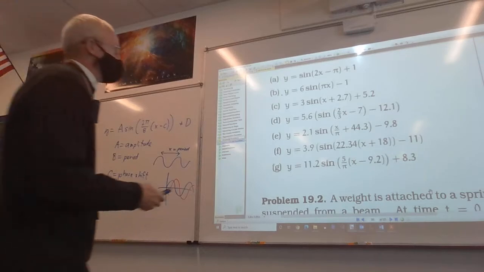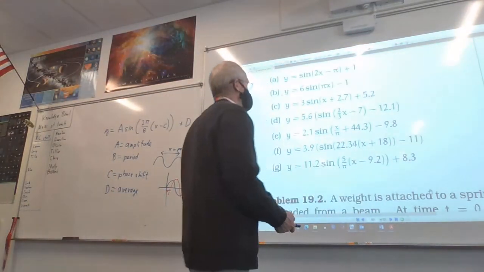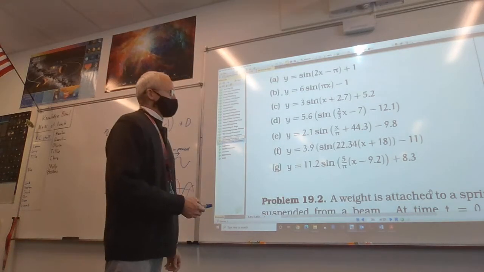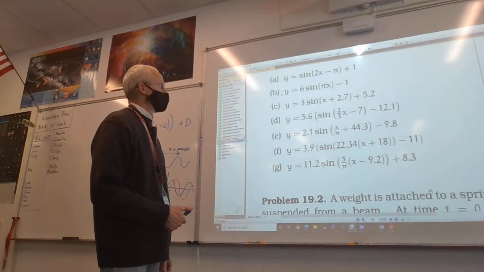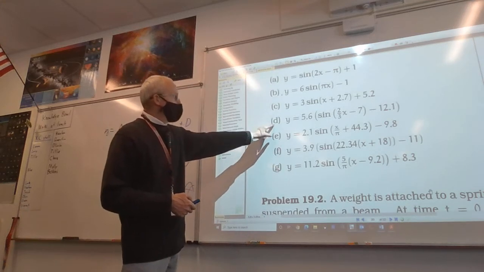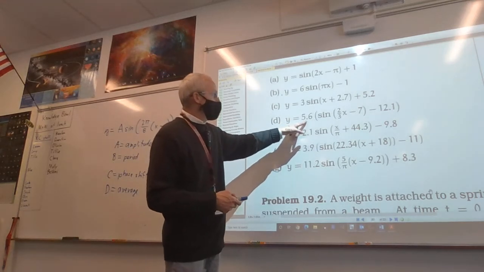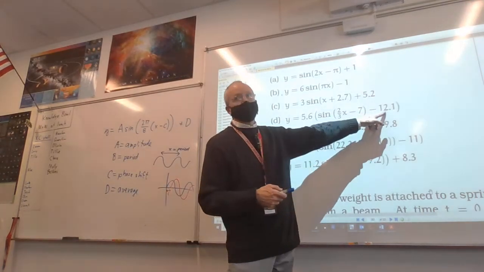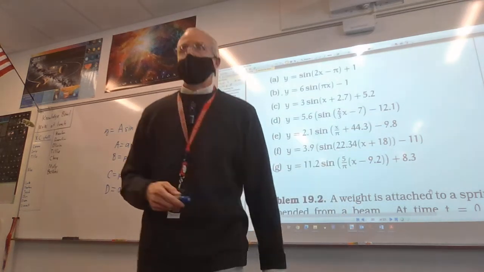So let's do a hard one. Okay, so now we don't have to do much for D. 5.6, that's good. But notice the 5.6 is multiplying the 12.12 because they put parentheses there, so we're going to have to multiply that out.